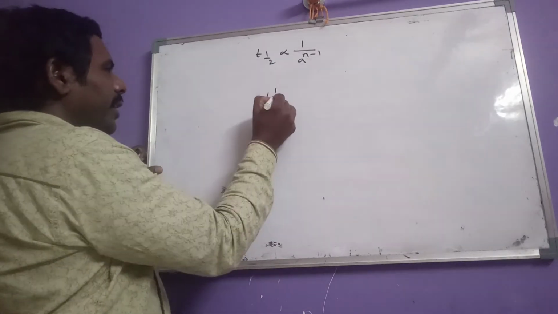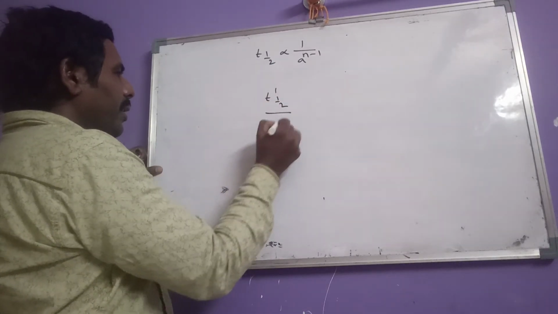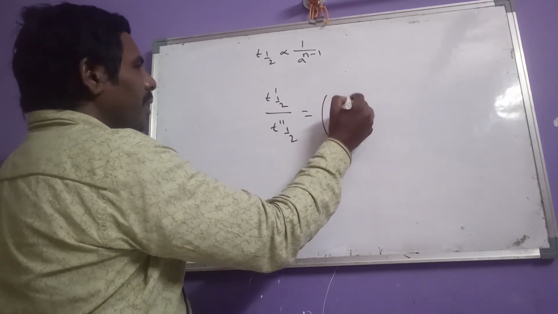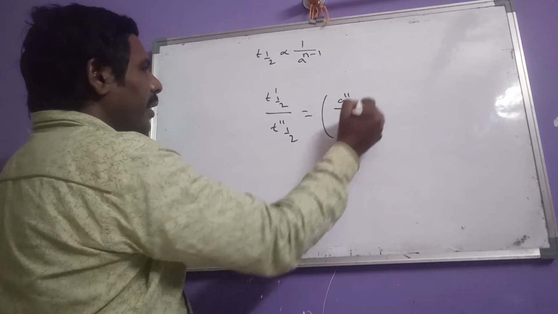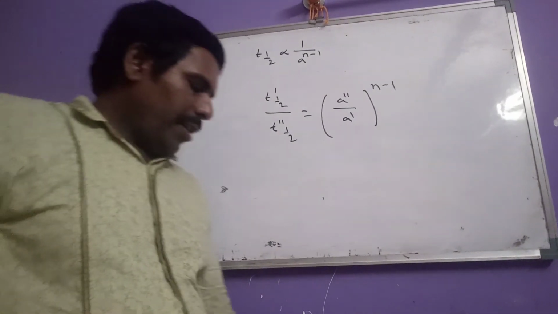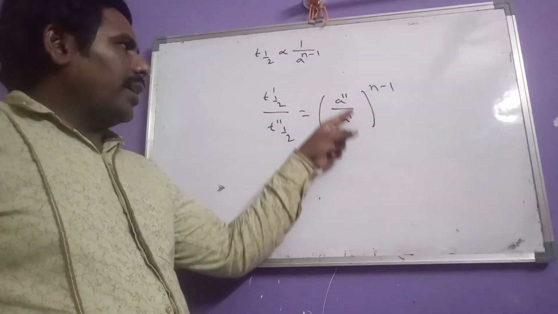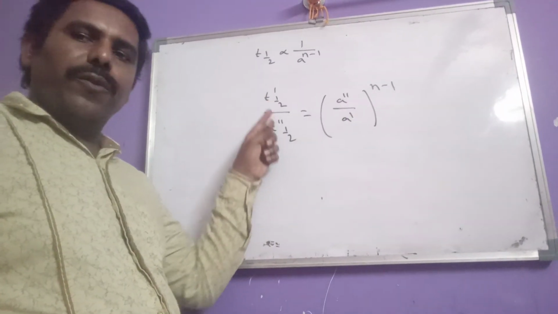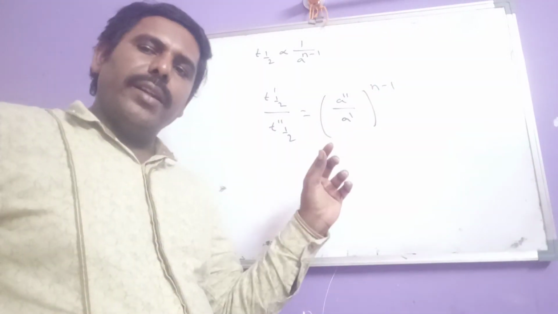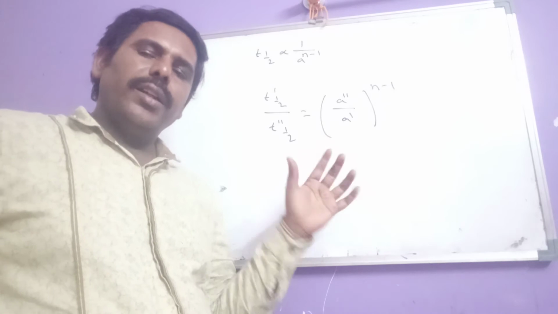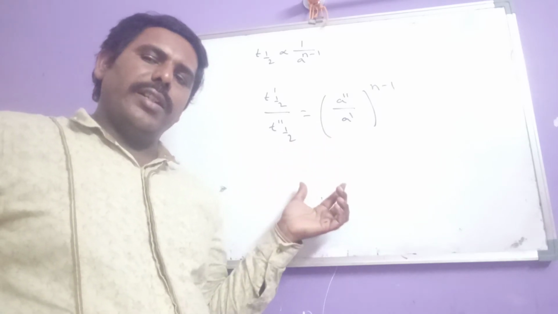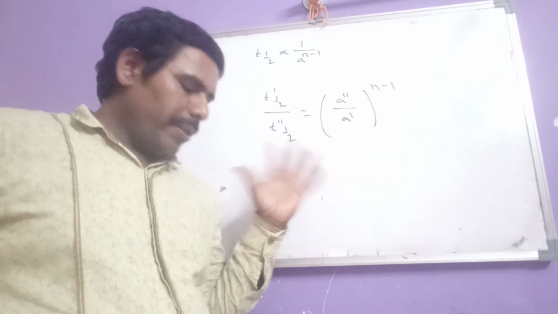So t' half by t'' half equals a'' by a' to the power n minus 1. That means by using initial concentrations and their half-life periods, one can determine n. What is n? Nothing but the order. So this is one of the important methods to determine order.